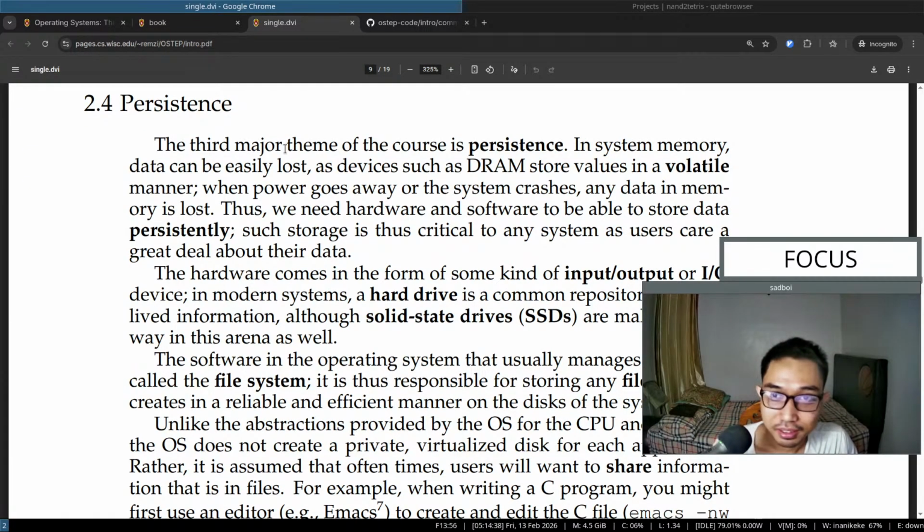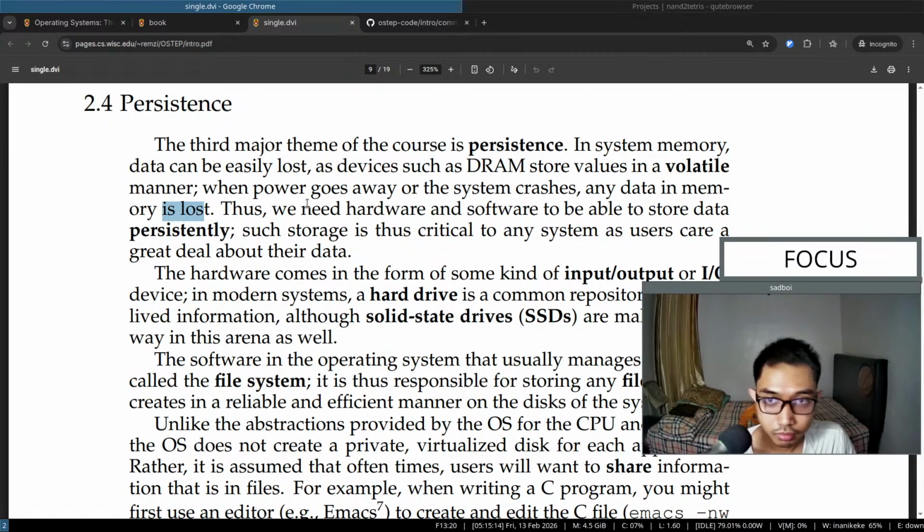Persistence. The third major theme of the course is persistence. In system memory, data can be easily lost, as devices such as DRAM store values in a volatile manner. When power goes away or the system crashes, any data in memory is lost.